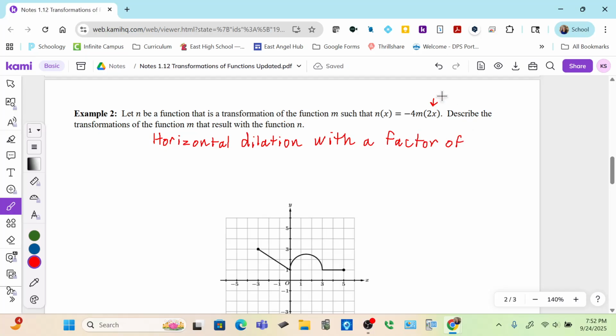Not 2, excuse me. It's horizontal, it's inside. I just finished saying it's the inverse when it's happening to x. It's a factor of 1/2. There we go. The negative tells me we're going to have a reflection over the x-axis.